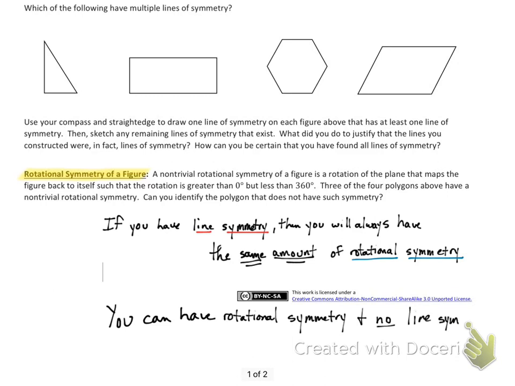All right, so this is just showing that the inverse does not also hold true. So line symmetry will equal rotational symmetry if you have line symmetry. But it doesn't go the other direction. You can have rotational symmetry and no line symmetry at all. Very, very important concept.